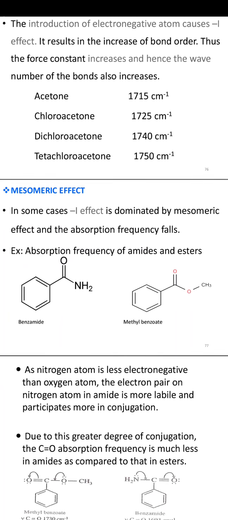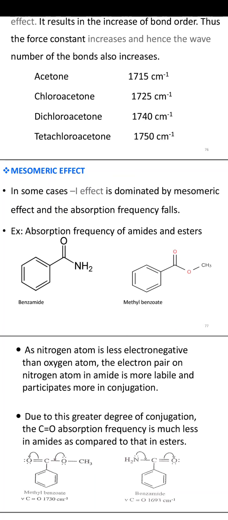Here is an example given between amides and esters: benzamide and methyl benzoate. You can see the difference in the group, that is CONH2 and here COOCH3 is attached.